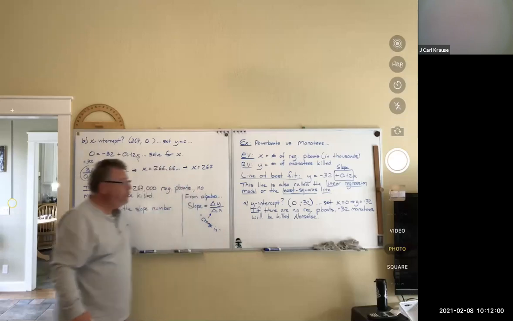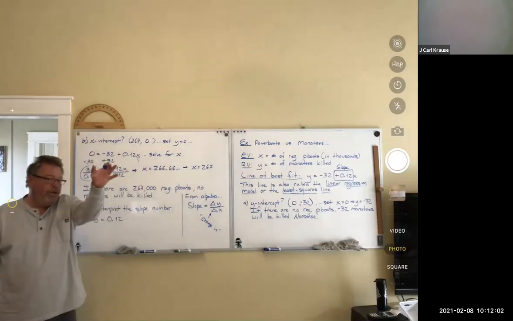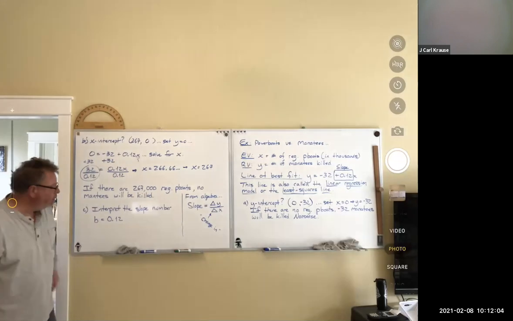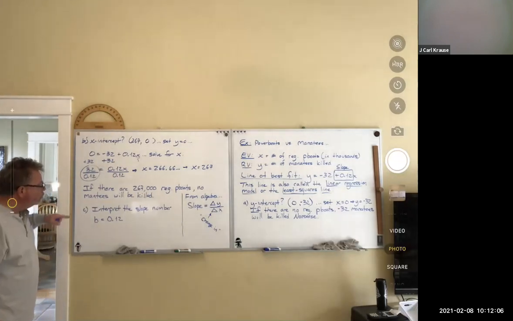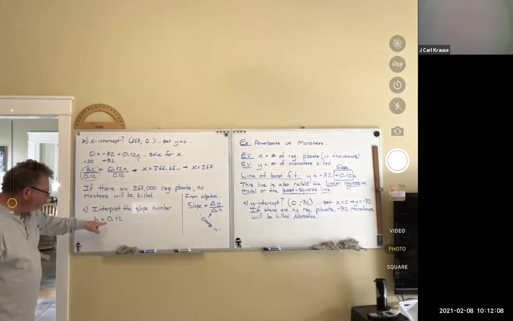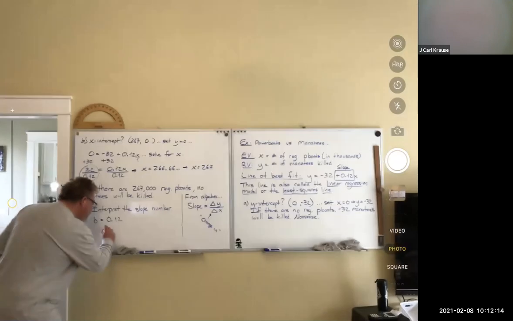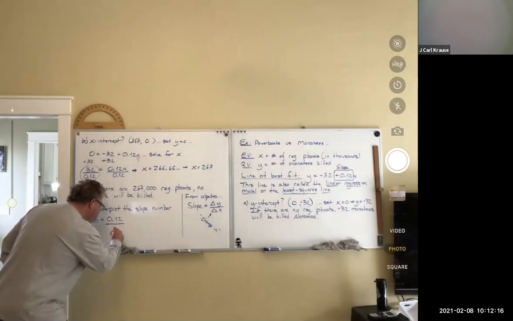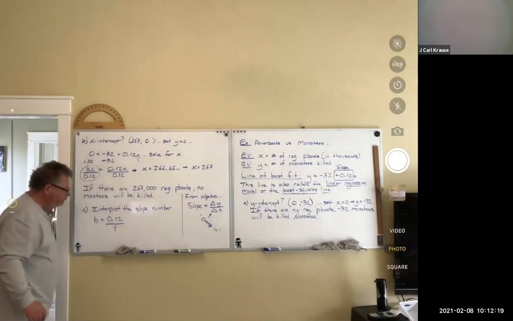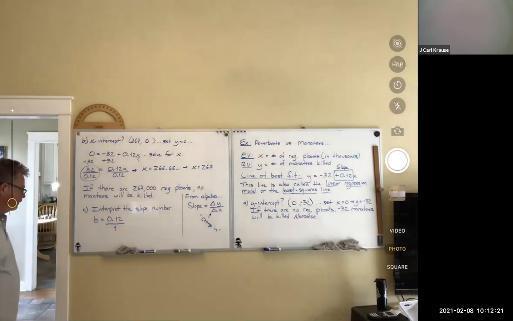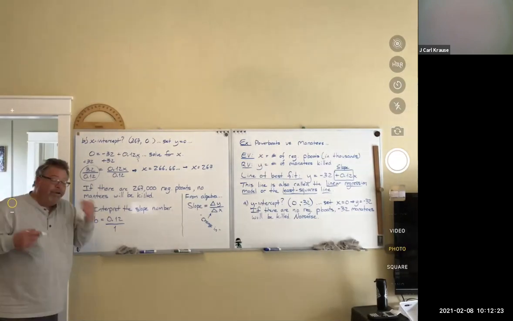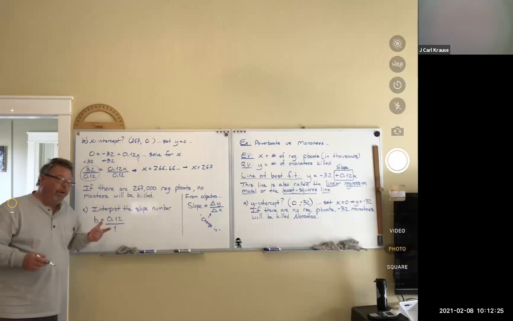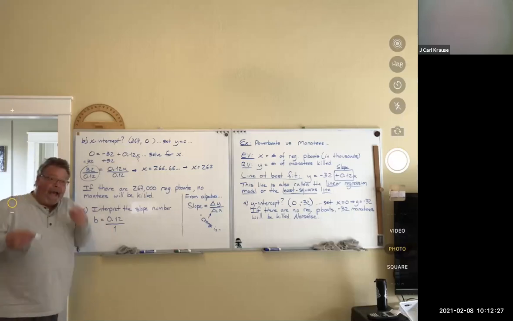So by definition, the slope number is the change in the y value divided by the change in the x value. So what I'm going to do is take this decimal here, and give it a denominator of 1. And what that allows me to do is to see this slope number as a fraction.